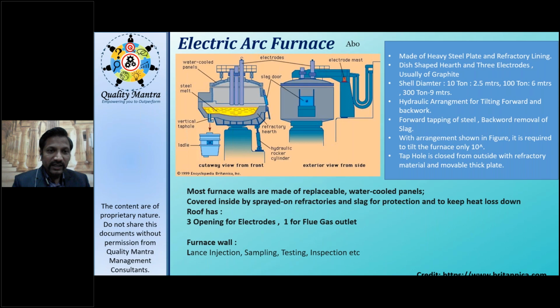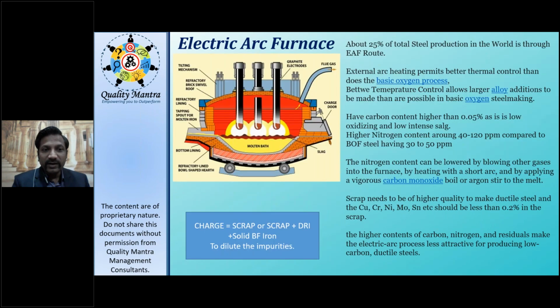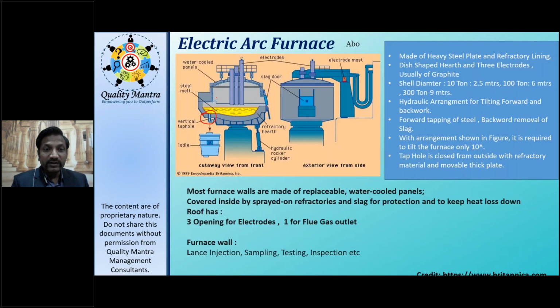One is this tap hole. In this one it is at the bottom, whereas in this system it is going through this side. Clear? In this diagram you can clearly see the tap hole is given from the bottom.